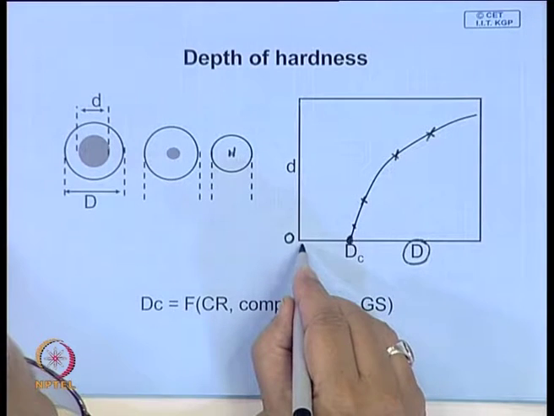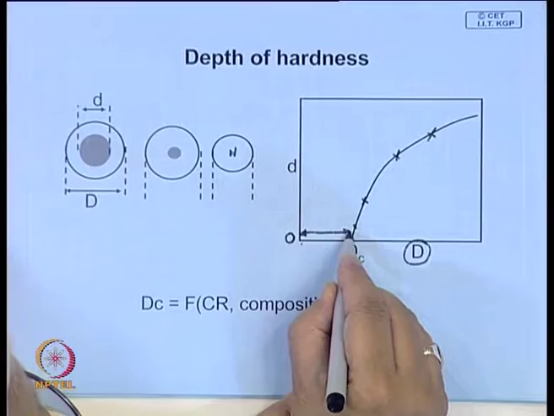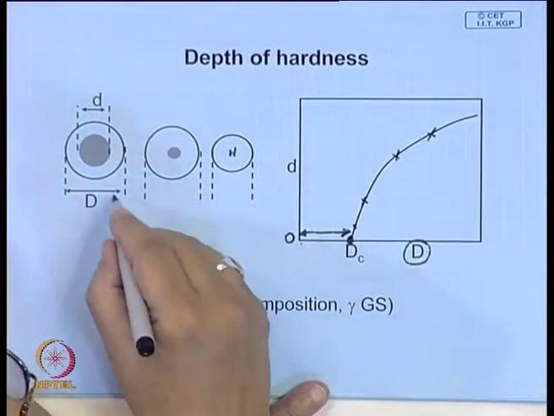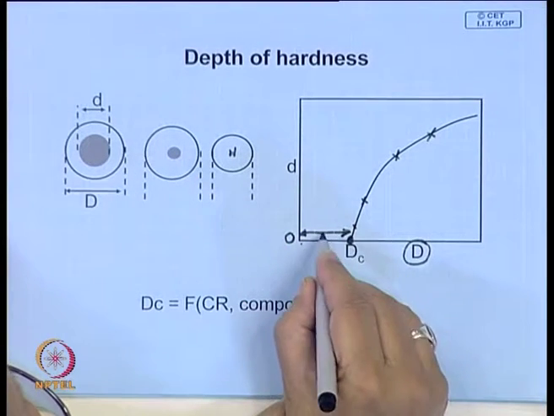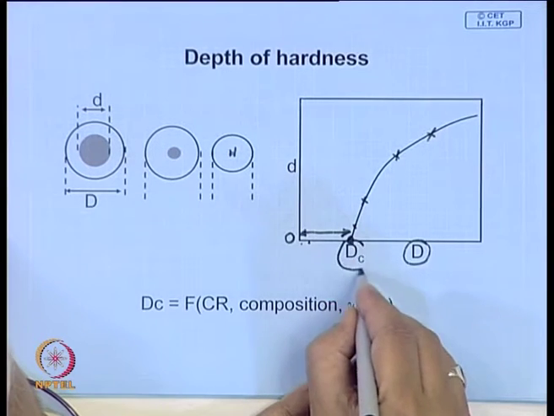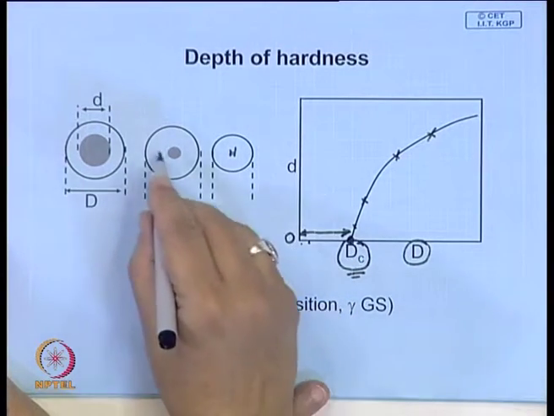So what it means is that with this quenching procedure, for the particular steel you have taken, if the diameter is less than this critical diameter, then you will be able to harden it through and through.